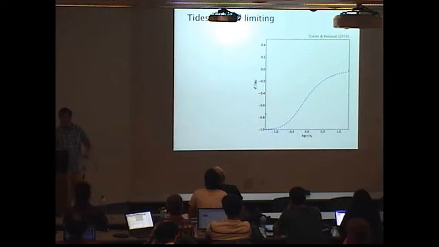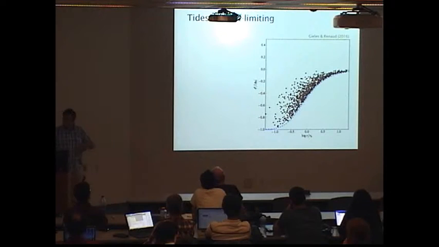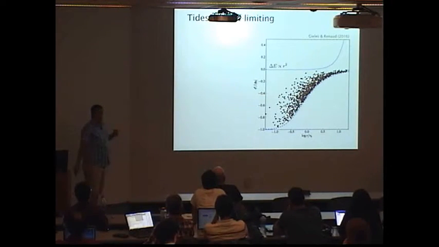So let's do that. Let's take an example. So this is a star cluster following this potential. And now let's apply some tidal perturbation. Like any tidal perturbation, energy goes as the radius squared. So this means that for every one of my dots here, I add something like radius squared, and I get that.